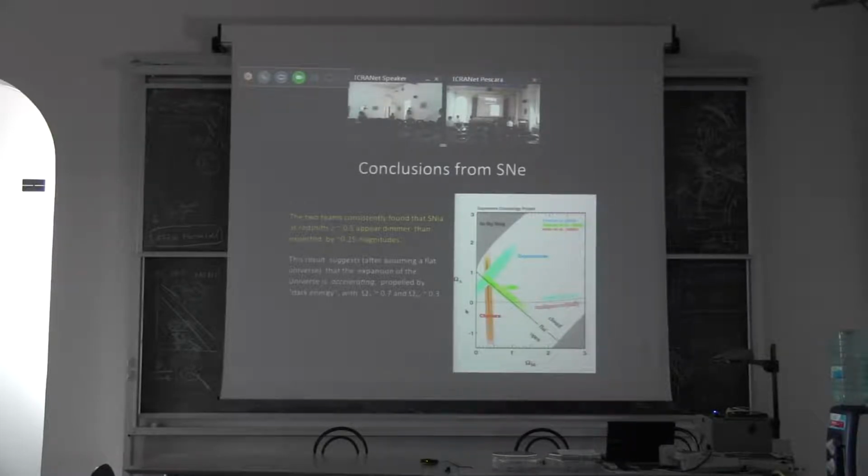This is a technical detail that I will not discuss. They are dimmer by 0.25 magnitudes, so that means they are more distant than expected. The reason was that the universe was accelerating its expansion. And these are the two values, 0.7 and 0.3, that we found.